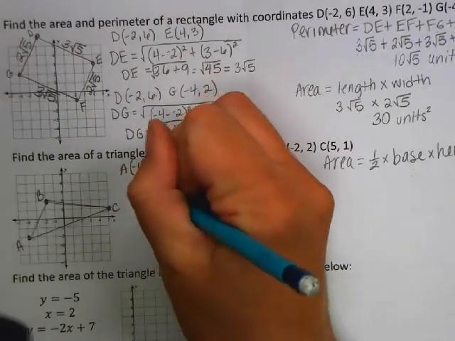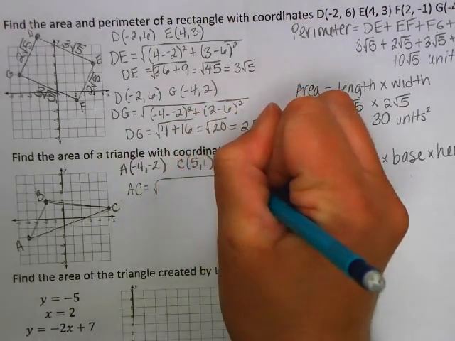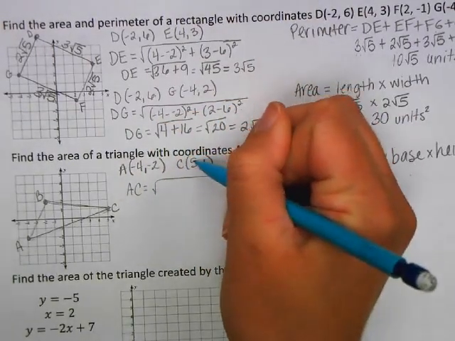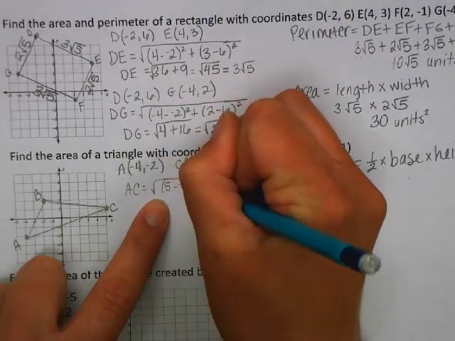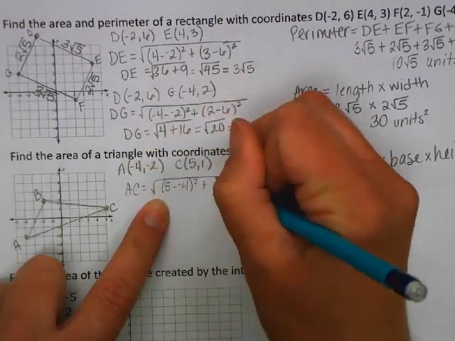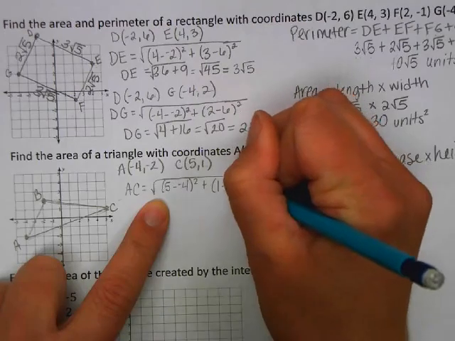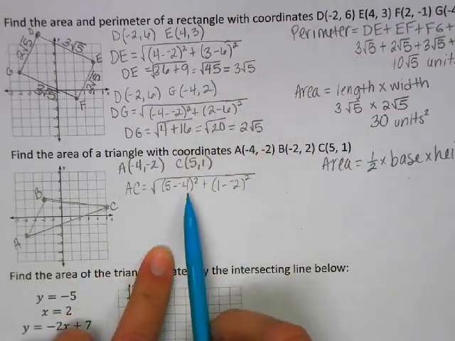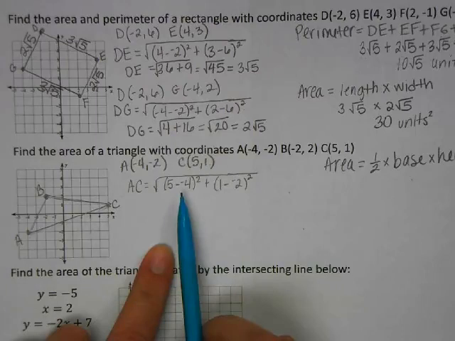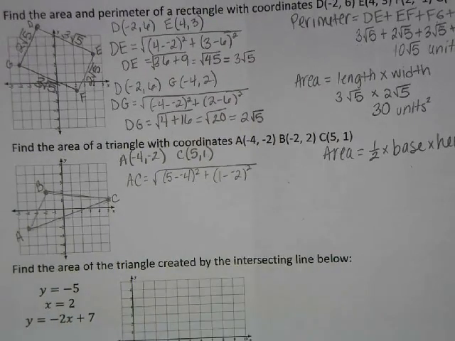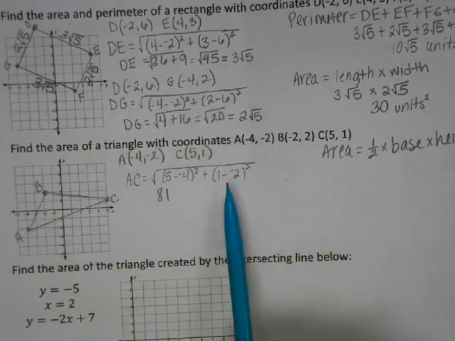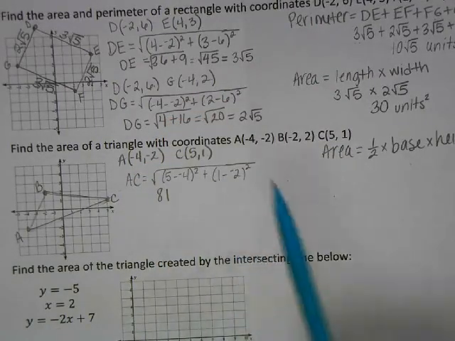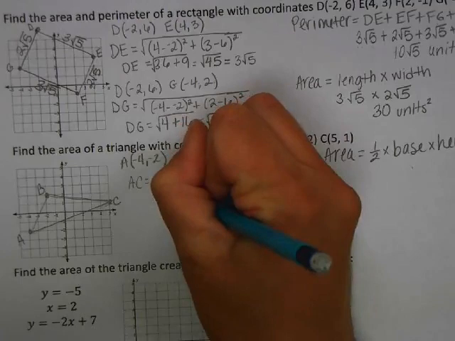So AC is the square root of 5 minus -4 squared, plus 1 minus -2 squared. 5 minus -4 is 9, and 9 squared is 81. 1 minus -2 is 3. 3 squared is 9.